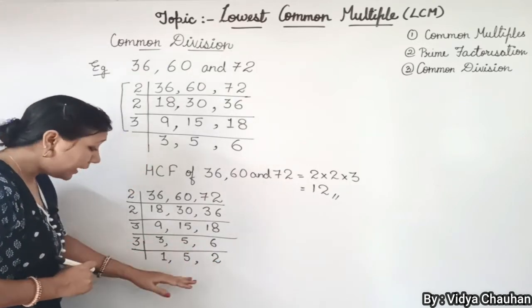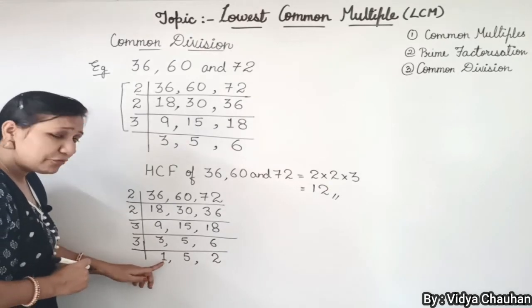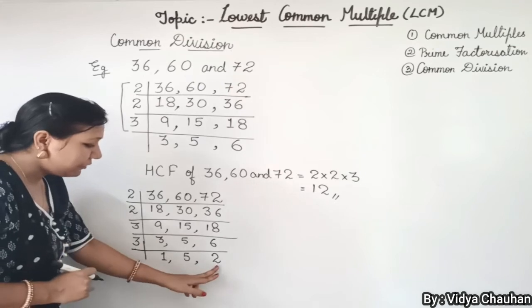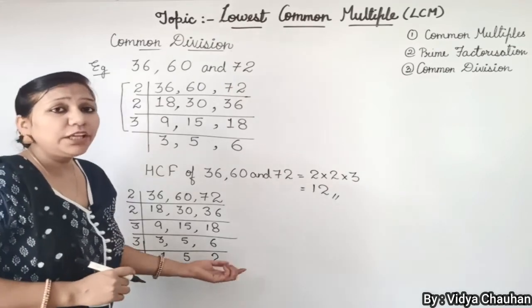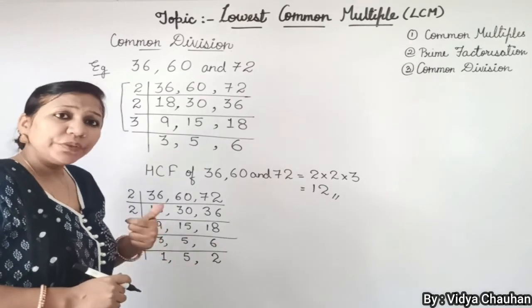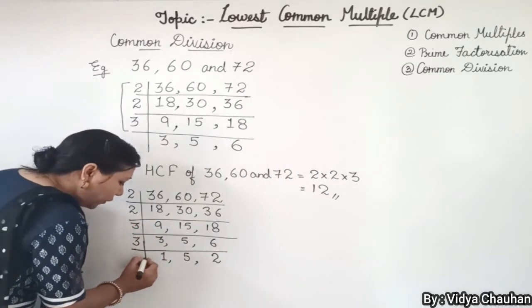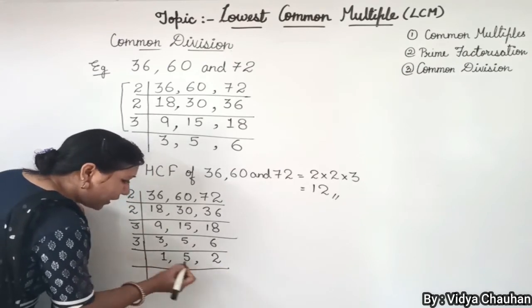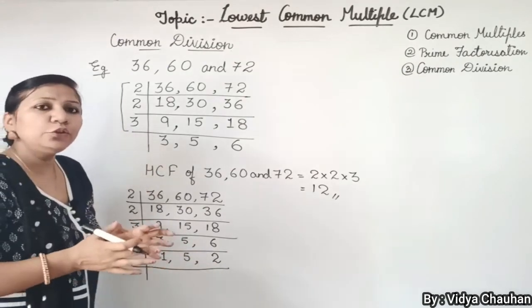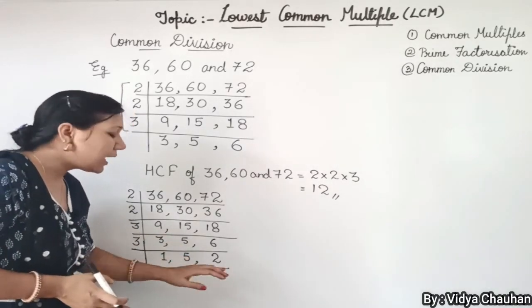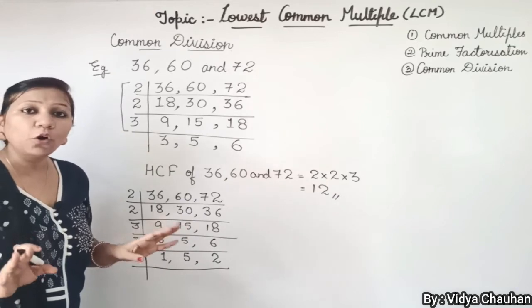Clear? Now at this point we are left with 1, that means this factorization is complete. Here we have 5 and 2, and they are not divisible by any common value. At this point either you can leave it or continue, but I feel that you should leave it here only because both these numbers are not divisible by any common number.